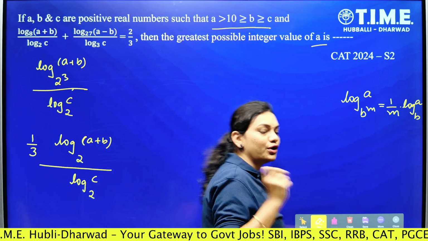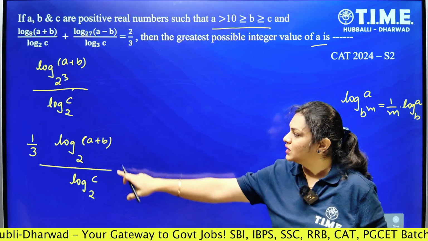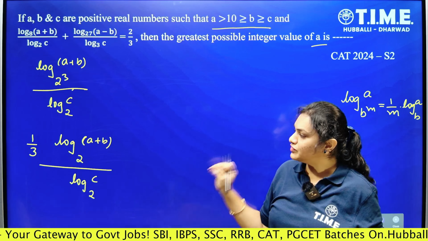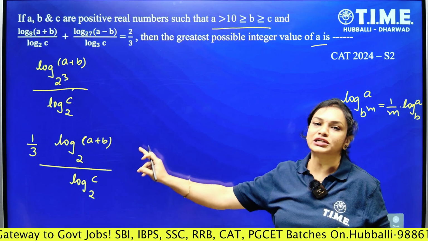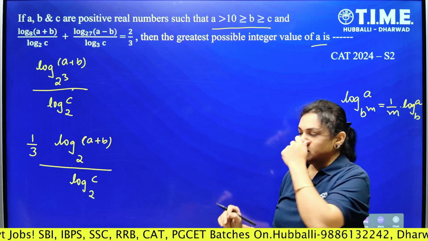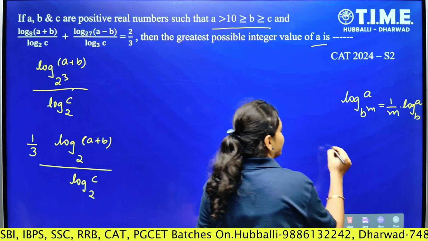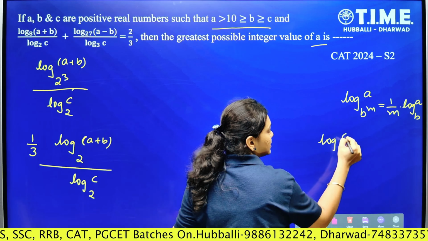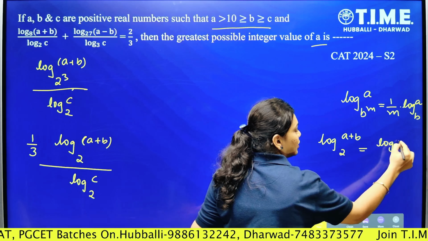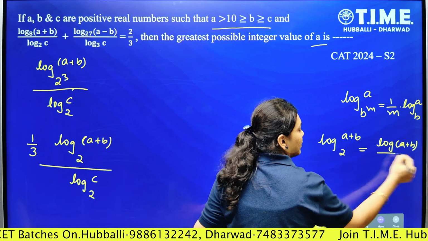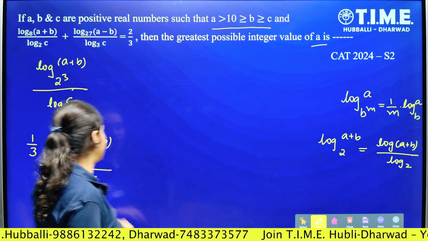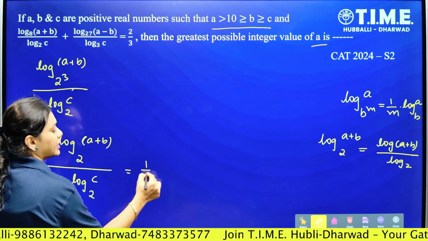Next, one more rule we can apply here: log of A plus B base 2 and log of C base 2, both numerator and denominator have the common base 2. In logarithms, we know that log A plus B base 2 can be written as log of A plus B upon log 2. I hope it is clear. Using this concept, I'll keep 1 by 3 as it is.